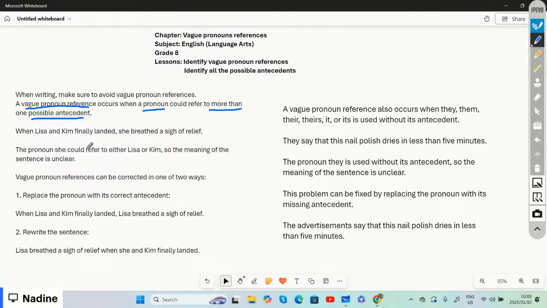And if we look at an example of how we can identify vague pronoun references, it says, when Lisa and Kim finally landed, she breathed a sigh of relief.